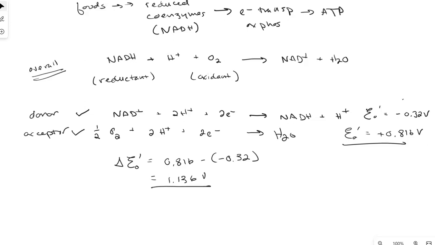So, in addition to this, we can use the relationship between Gibbs free energy and reducing potential to find that because of this, standard Gibbs free energy is negative 219 kilojoules per mole.